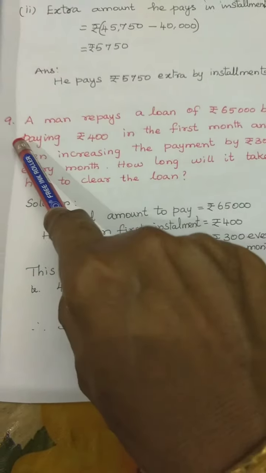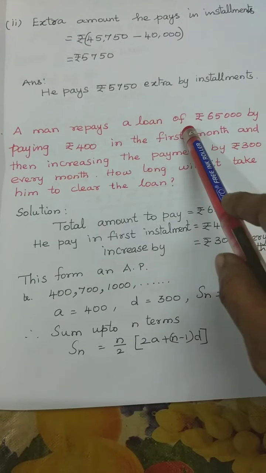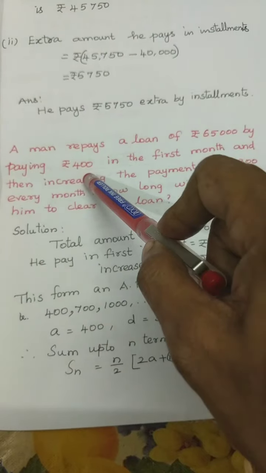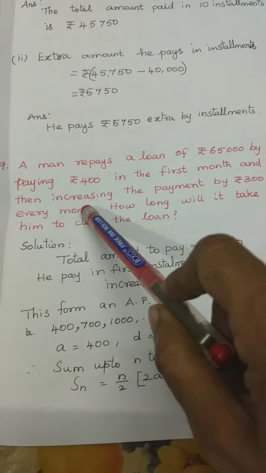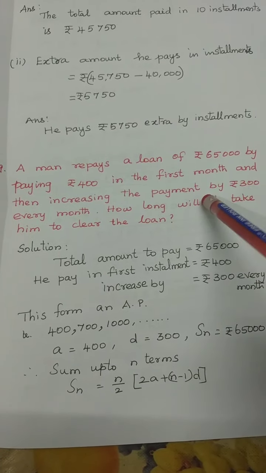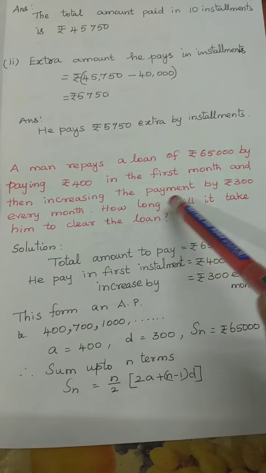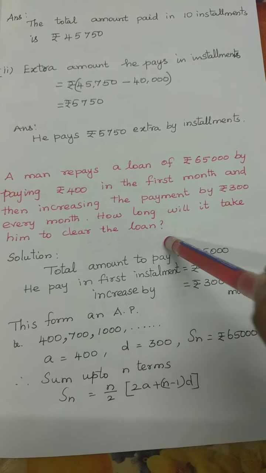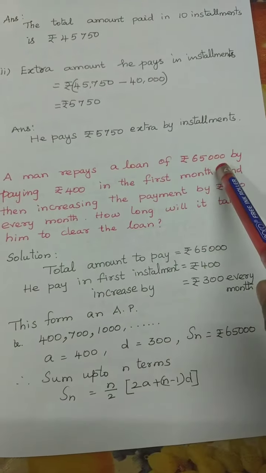Then next, ninth sum. A man repays a loan of rupees 65,000 by paying rupees 400 in the first month and then increasing the payment by rupees 300 every month. How long will it take him to clear the loan? What is this? A man repays a loan.